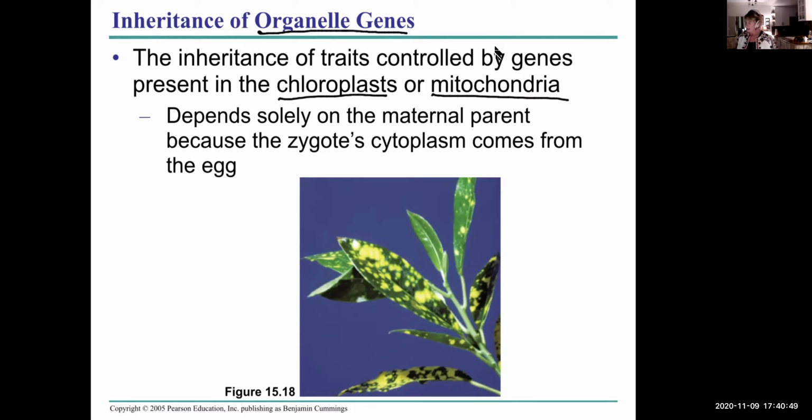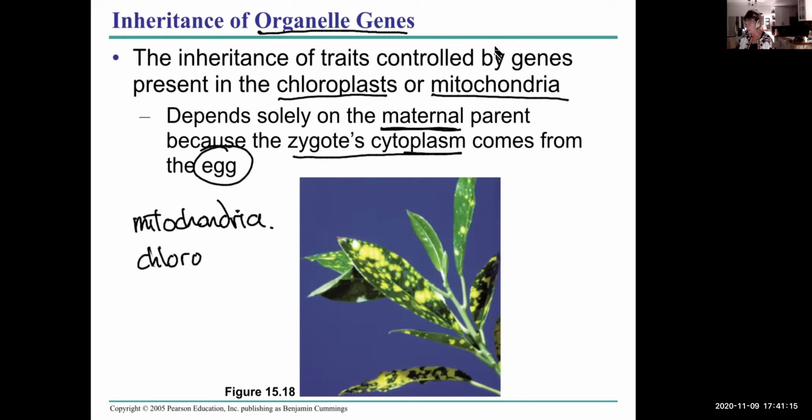So it depends solely on the maternal parent because the zygote cytoplasm all comes from the egg. Mitochondria have their own DNA, and chloroplasts in plants also do.